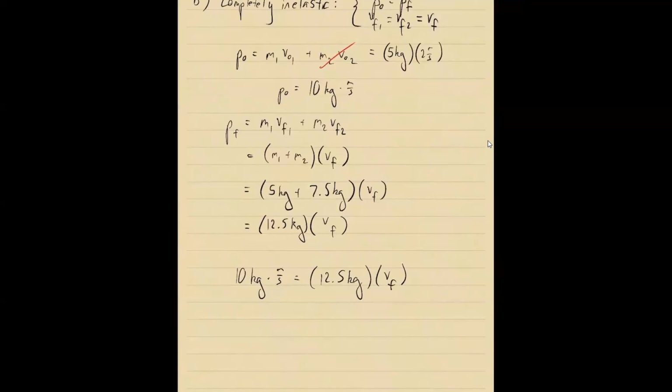When we divide both sides by 12.5 kilograms, we get a final velocity of 10 divided by 12.5, or 0.8 meters per second. So there's the answer, part B. And with that, we've completed our problem. In fact, we've completed the entire lecture.